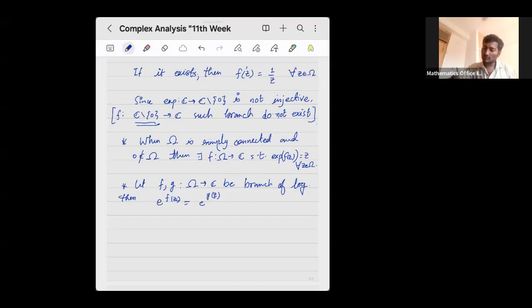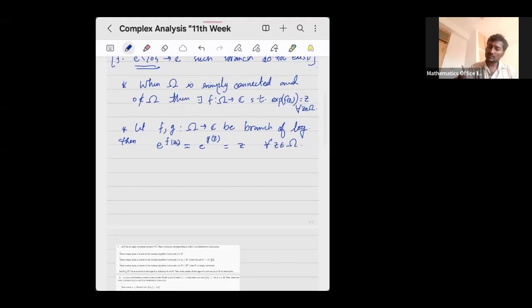And these two are equal to z for every z inside the given domain omega. Now, if you take these two quantities to one side, then we get e to the power f minus g of z is equal to 1.